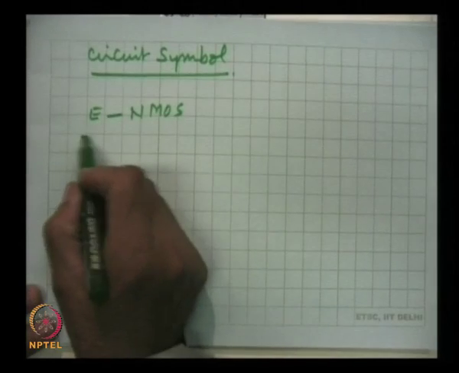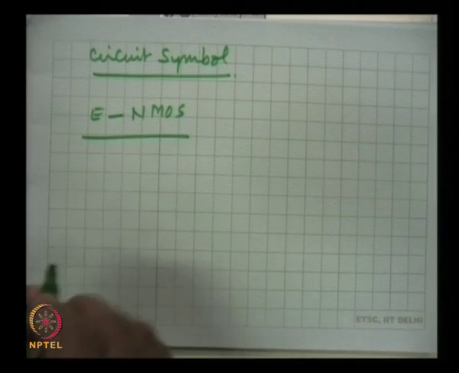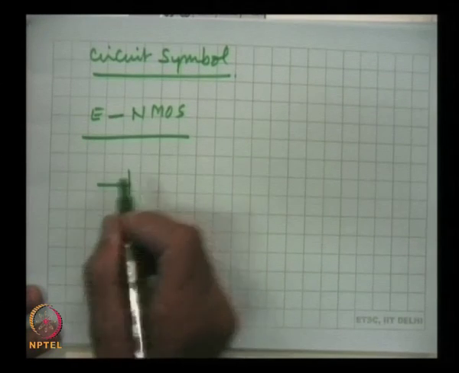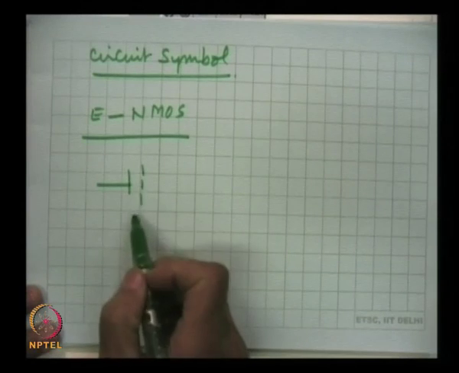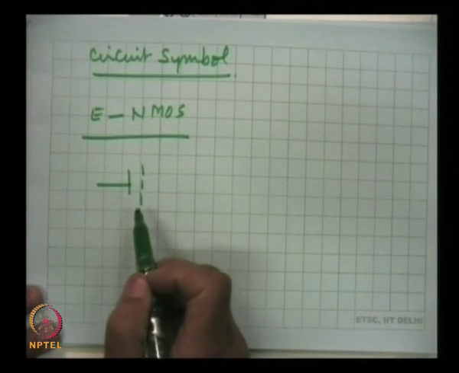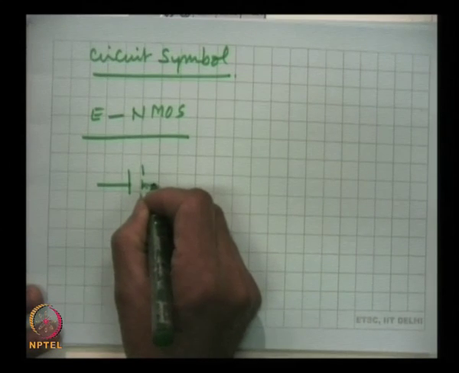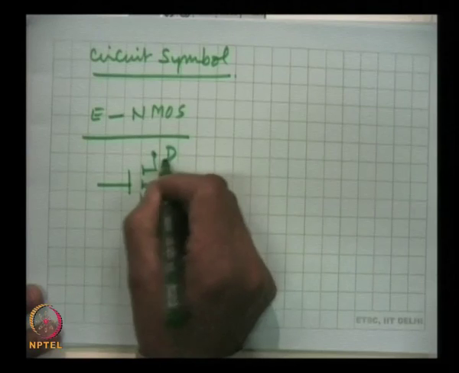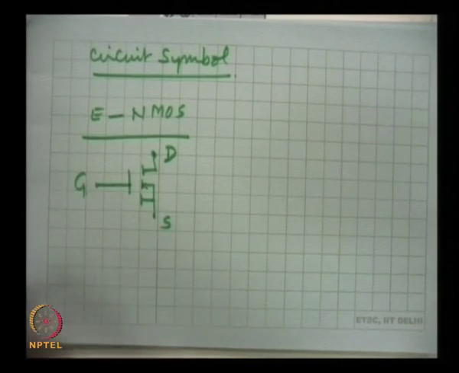So, in brief this is written as EnMOS, and the circuit symbol for this is this perforation in this drain source. This is specific to enhancement mode. This is drain, this is source, this is gate.